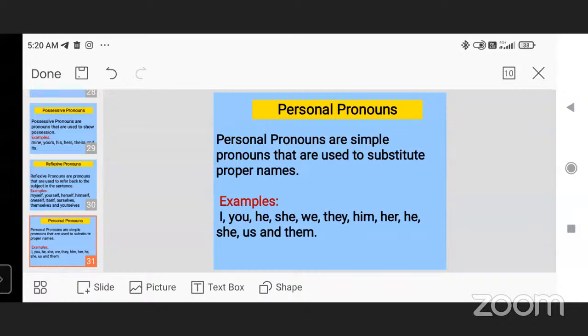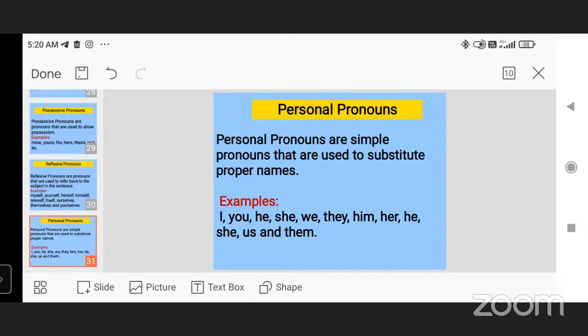Then they will give you the options. Option A, personal pronoun, or possessive pronoun, or interrogative pronoun. So you will choose the option personal pronoun. So option A is correct. Personal pronoun, the answer A is correct.